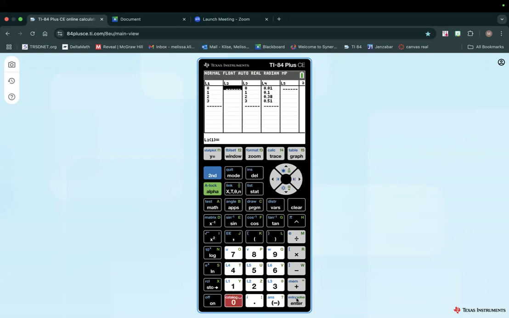And then 0.01, 0.10, 0.38, 0.51. Okay. So your random variable outcomes are your L1 and the probabilities are L2.